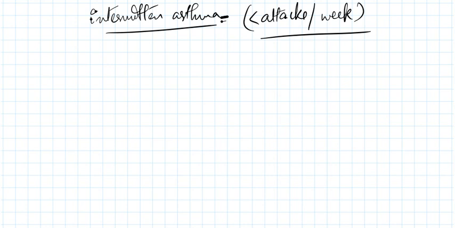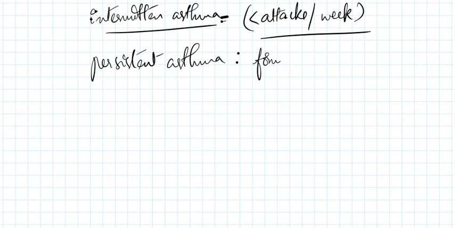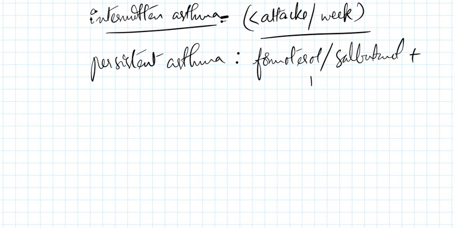But for persistent asthma, what is the drug protocol? It is formoterol or salbutamol plus an inhaled corticosteroid.